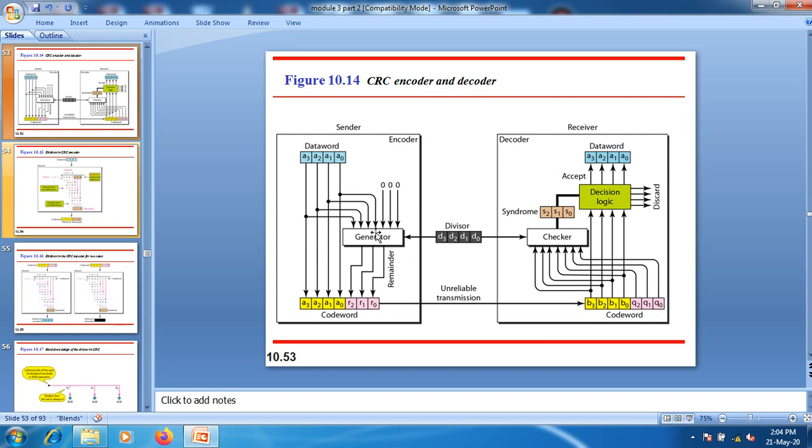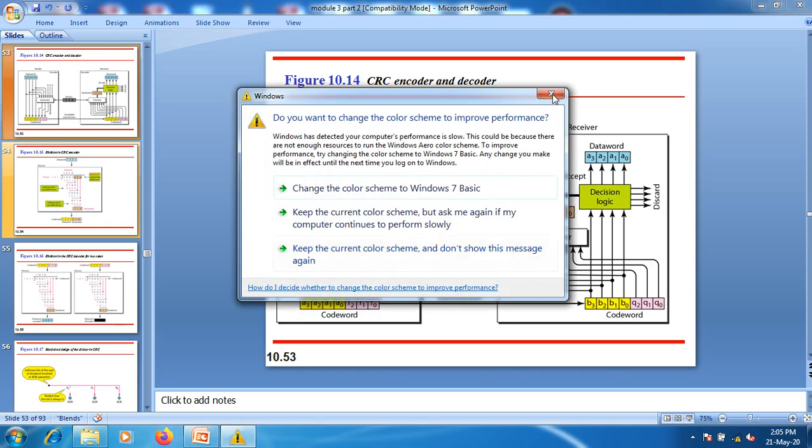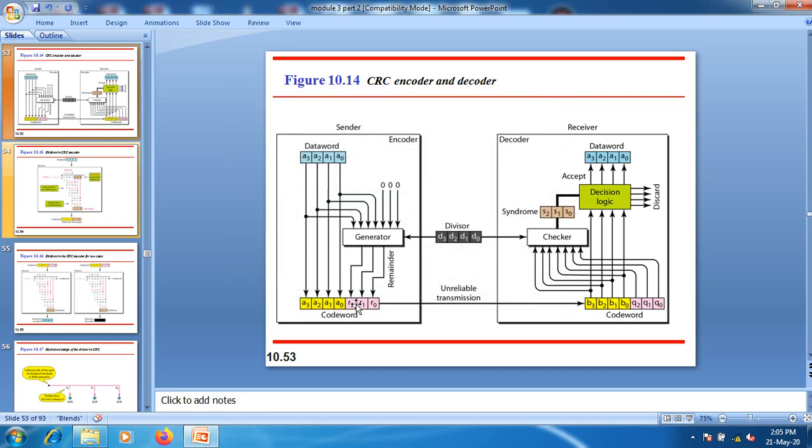The generator performs the division operation, that is, the modulo 2 division operation, and we get a certain remainder. Those remainder bits are appended to the data word. Once you append the remainder to the data word, we create the code word here. Listen carefully.